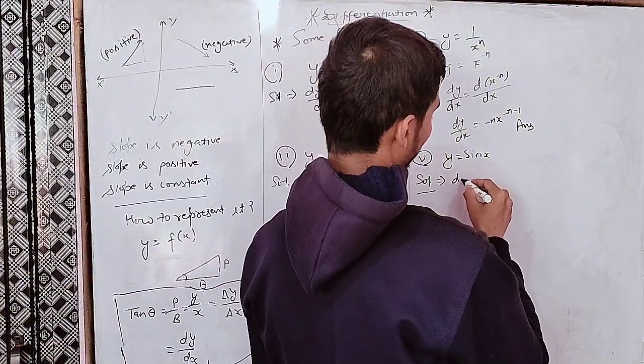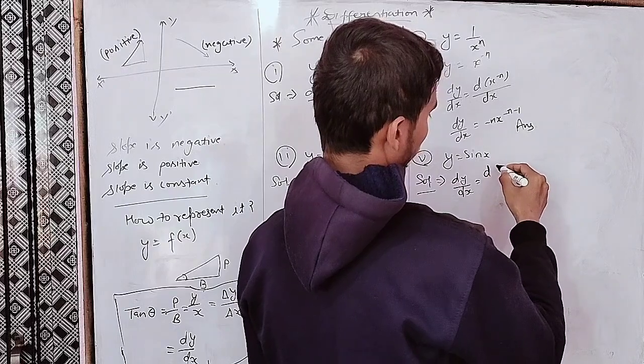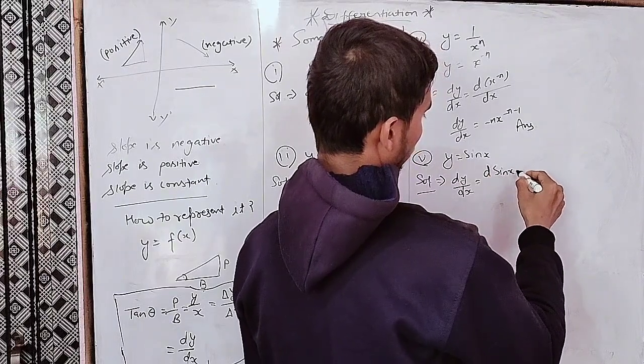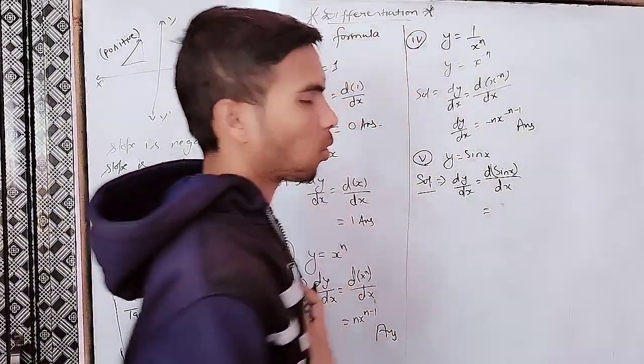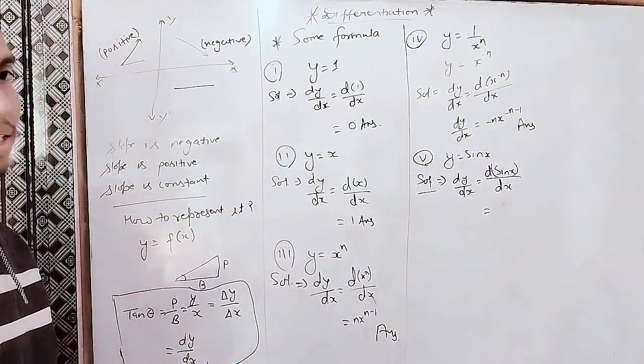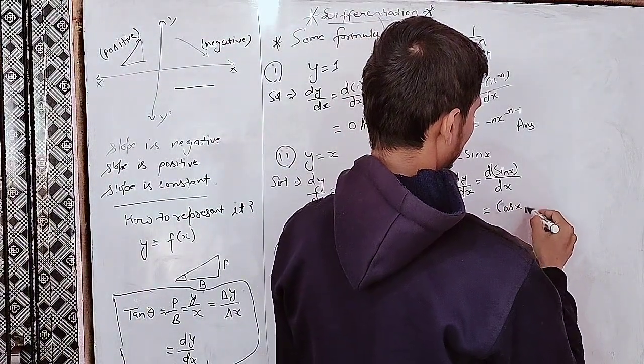So here dy by dx, then d sin x upon dx. Already we know the derivative of sine is what? Cos x. That's it.